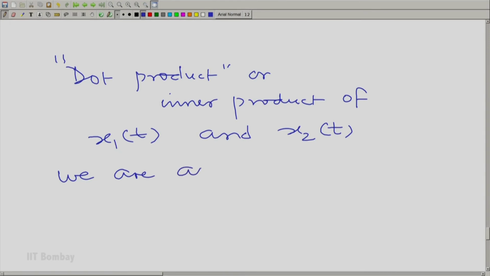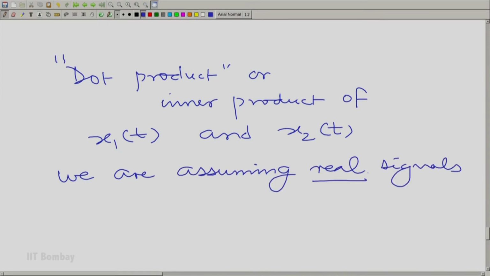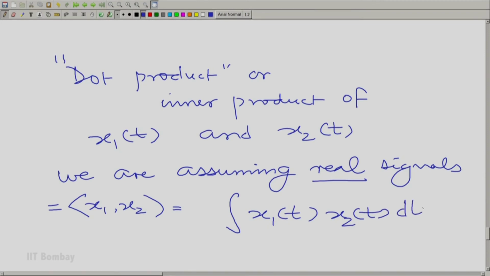Now, all this while we are assuming real signals. The dot product or the inner product, which we will denote like this, is essentially the integral of x1(t) times x2(t) over all t running from minus to plus infinity.